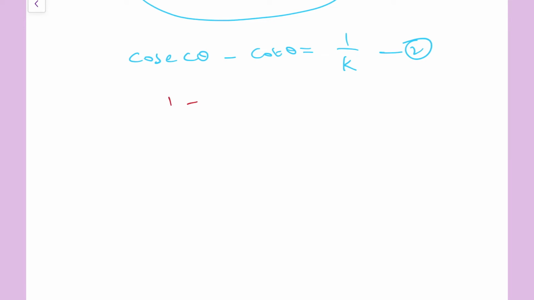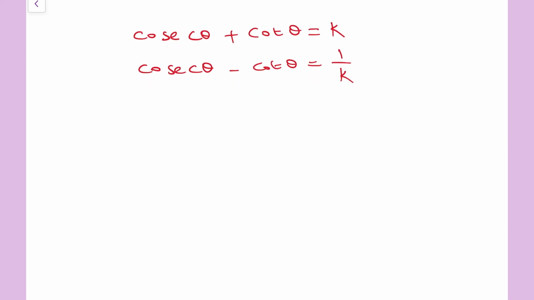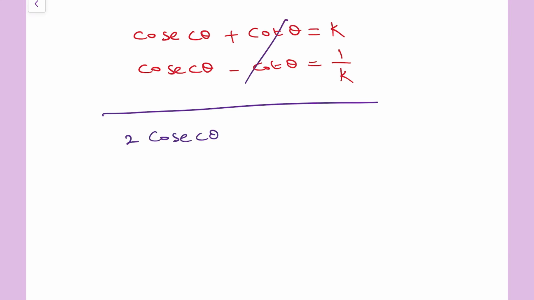I am adding equation 1 and equation 2. Cosec theta plus cot theta equals k, and cosec theta minus cot theta equals 1 by k. Doing the addition, cosec theta becomes 2 cosec theta, the plus cot theta and minus cot theta cancel, equals k plus 1 by k.